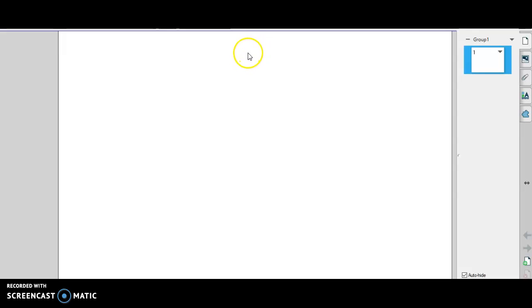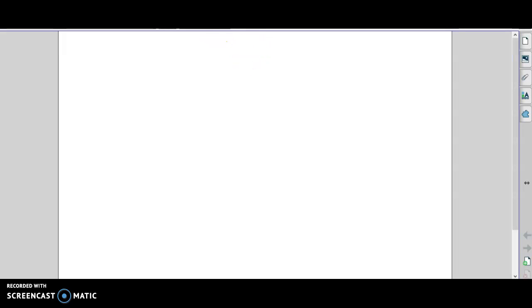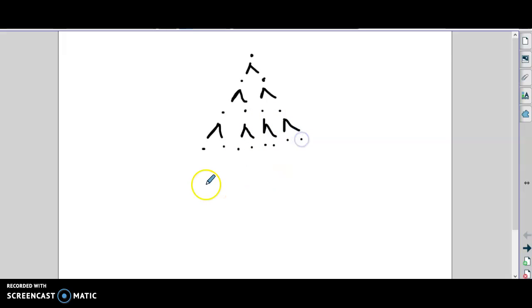So for example, someone posts a video and then two people share it, and then those two people share it, and then each of those two people share it to two more people, and you keep sending it to people and people and people. You can see how this is getting very big very quickly.